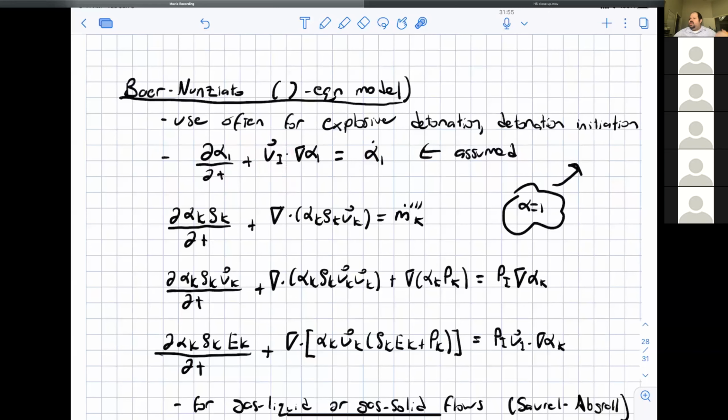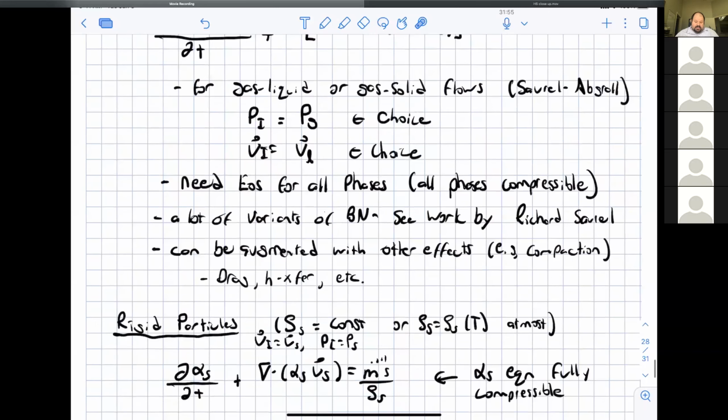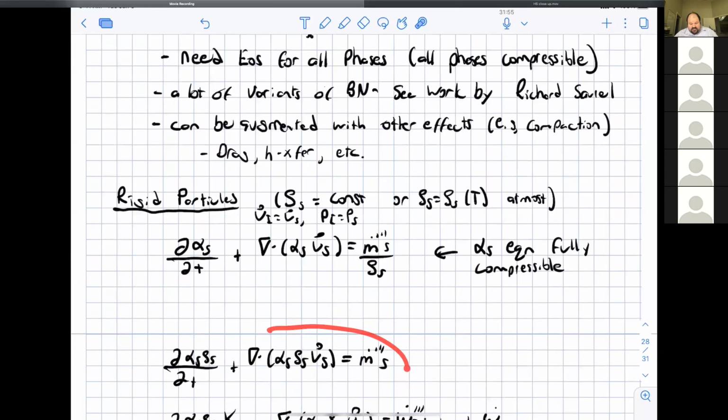Okay, but in the rigid particle model, because this directly comes from conservation of mass, because we are assuming that the material density of the particles is constant, this equation itself is now basically compressible. And so basically models for rigid particles admit shock waves, and so these shock waves can change the volume fraction.